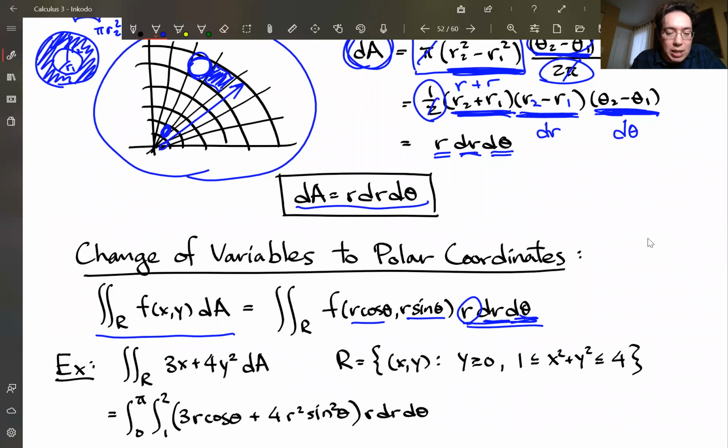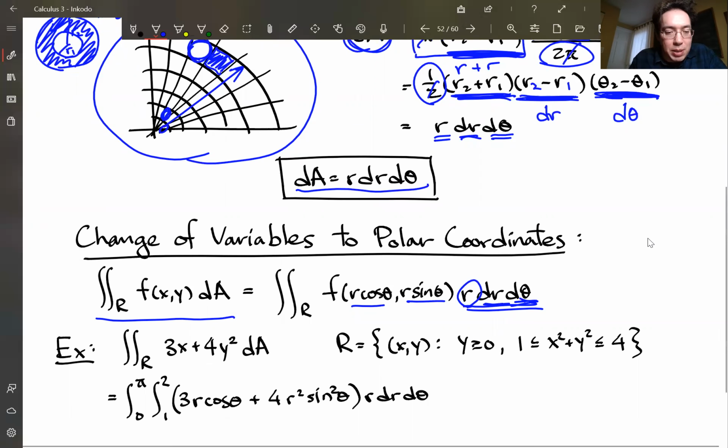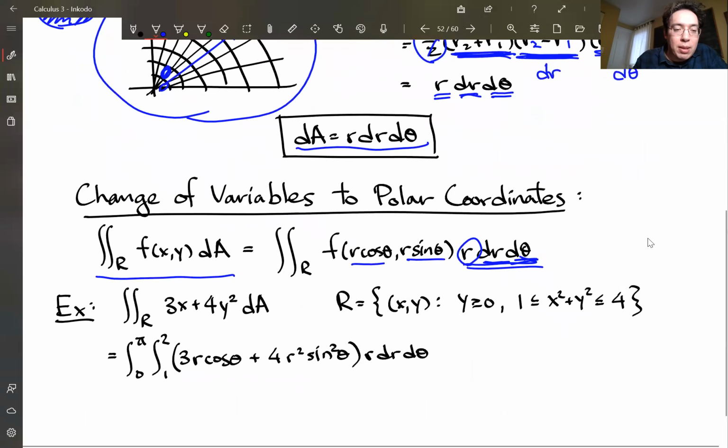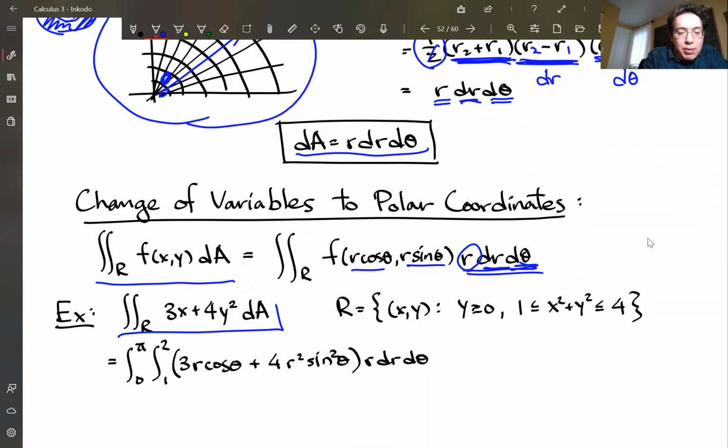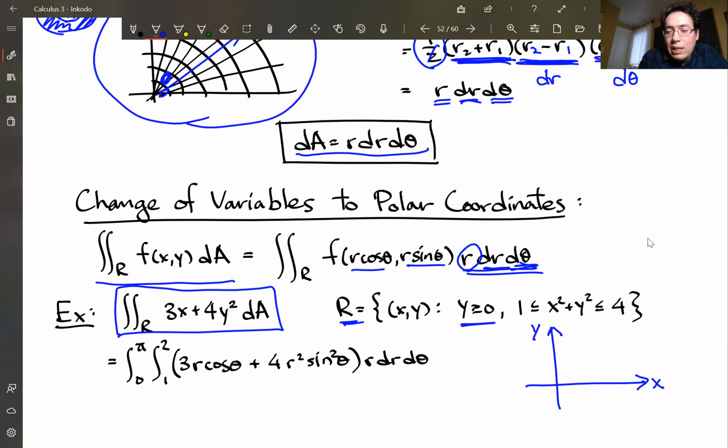Okay, so let's do an example of how this might come into play. Let's say I have this double integral, and the region R that we're looking at looks like this. Let me draw it. y is greater than or equal to 0, so we're looking at the upper half space, anything above the x-axis. And then x squared plus y squared equals r squared is going to be a circle of radius r.